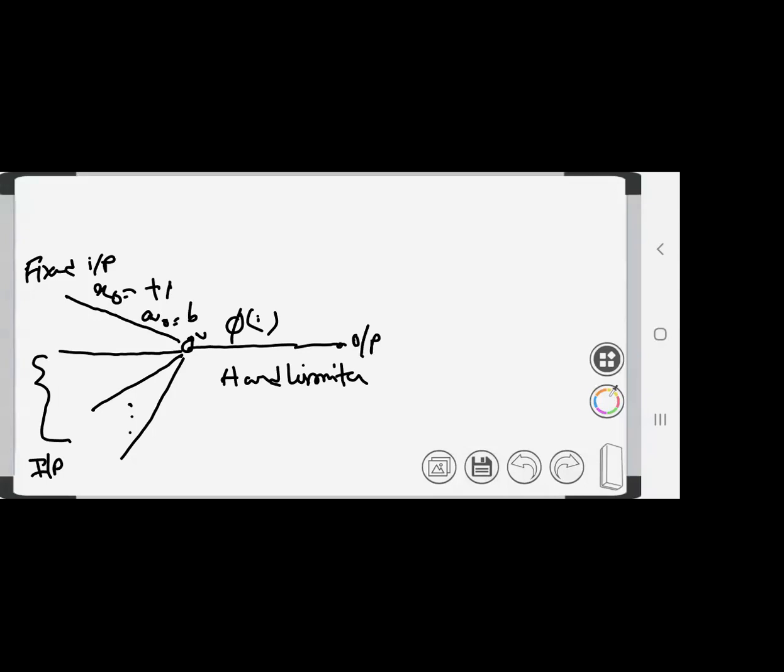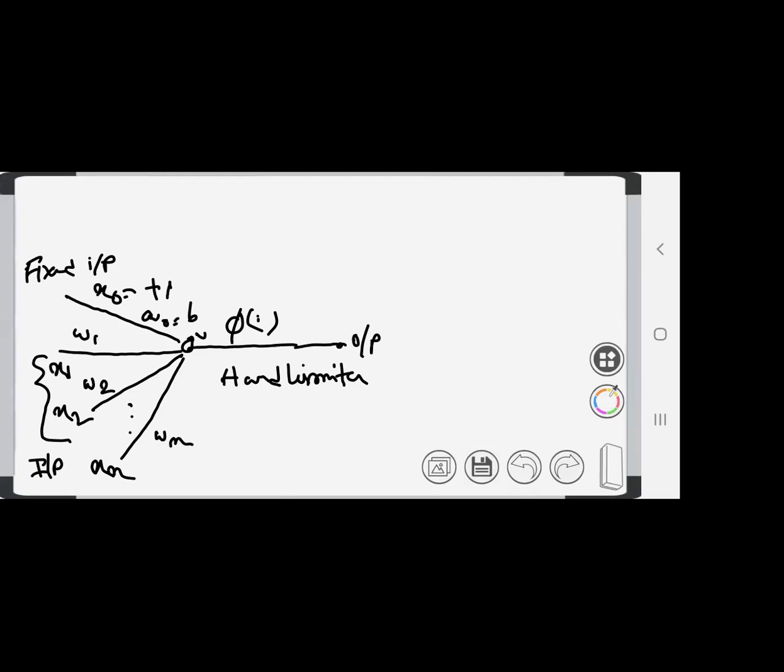And this is my x1 input, x2 input, and so on up to xm input, and the corresponding weights associated with them are W1, W2, up to Wm. So this is my equivalent signal flow graph of the perceptron, and dependence on time has been omitted for clarity.